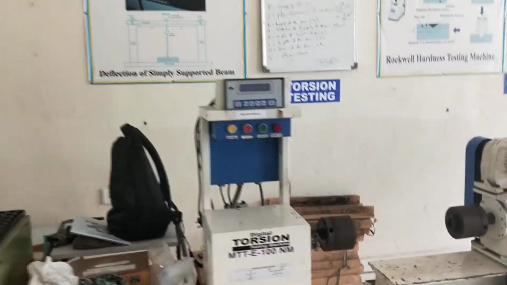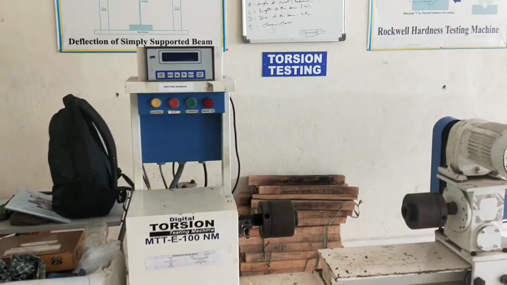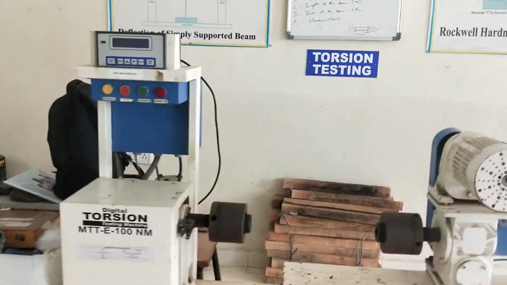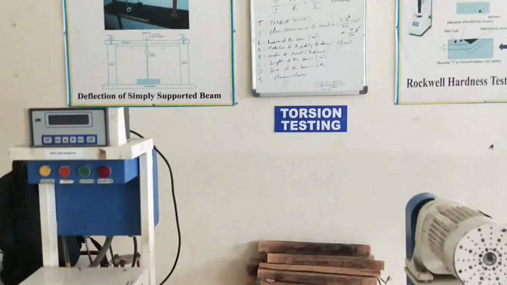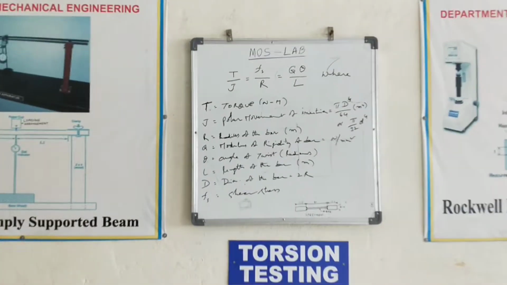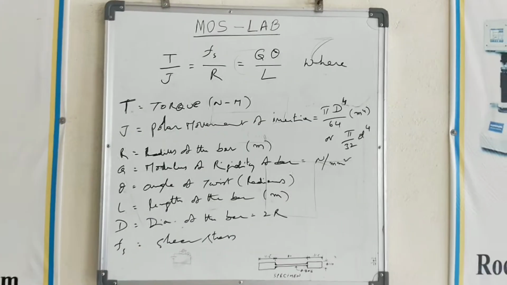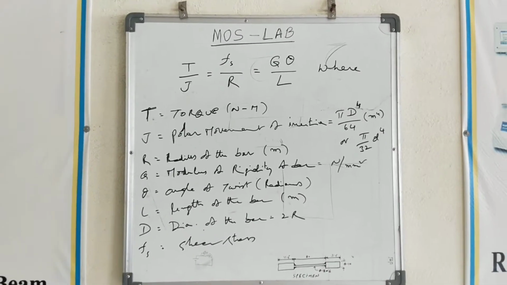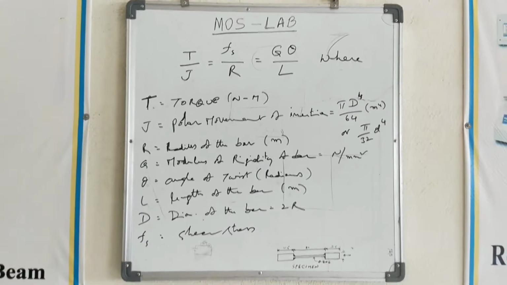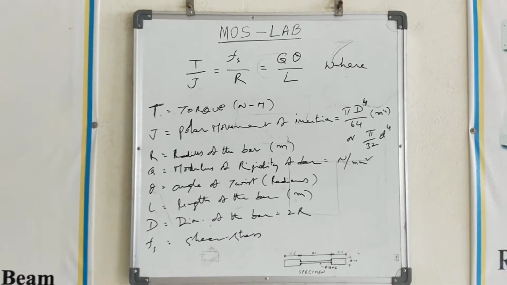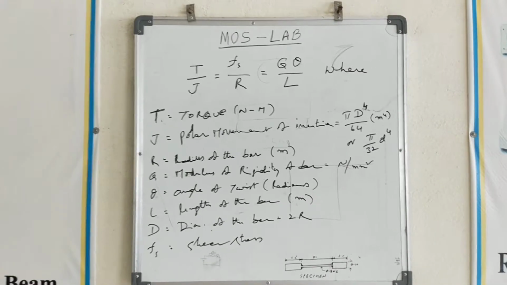Now let us slowly move on to the next one, the torsion test machine. Here we will find out the torsional strength and shear stress. There are some important formulas based on which we will calculate the unknowns. First, the length and the radius of the particular rod can be determined.